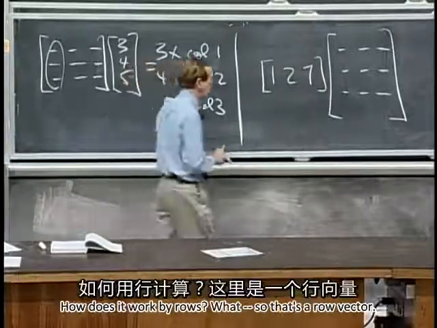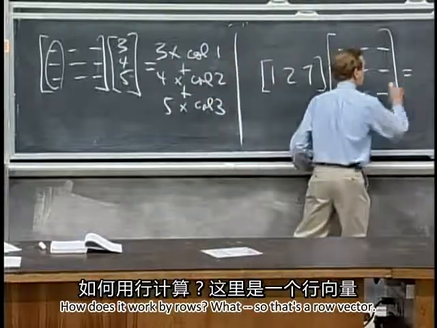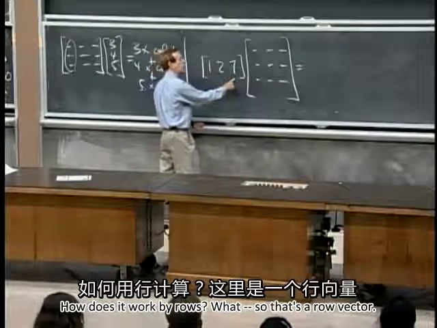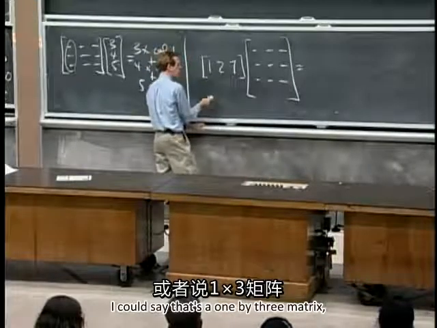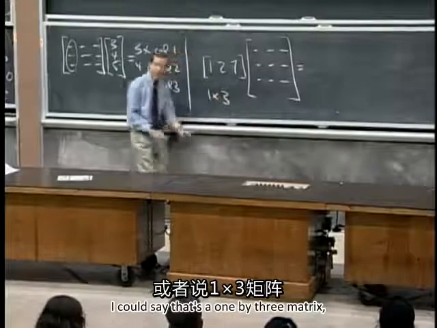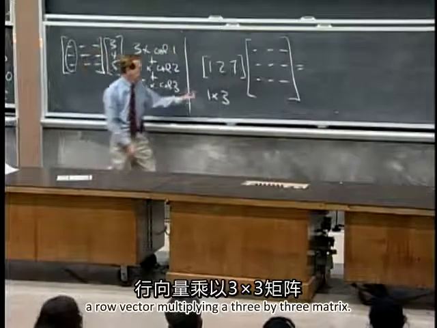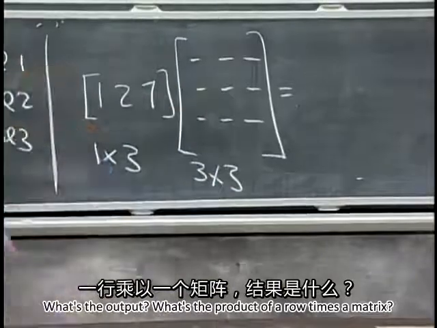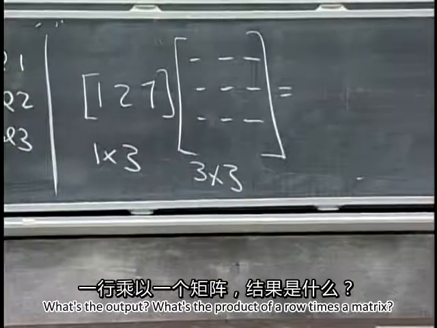Okay, how does it work by rows? So that's a row vector. I could say that's a 1 by 3 matrix, a row vector multiplying a 3 by 3 matrix. What's the output?